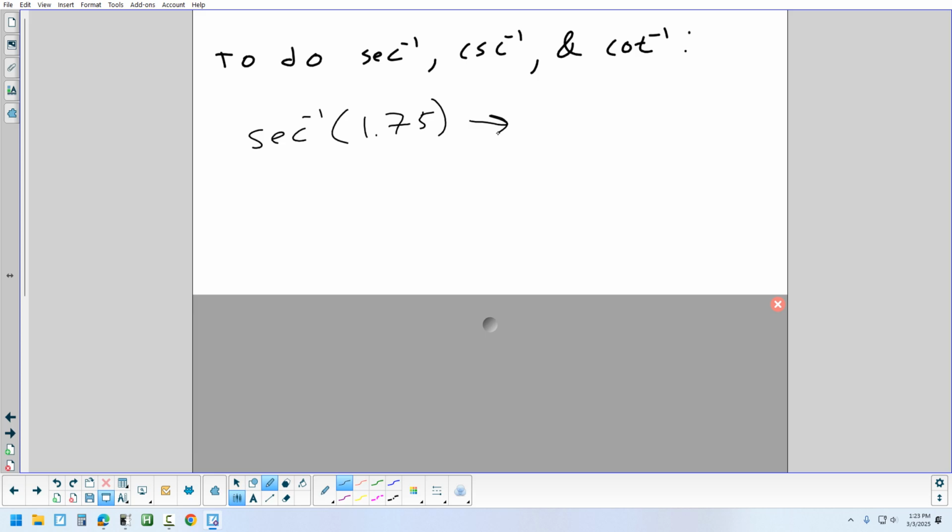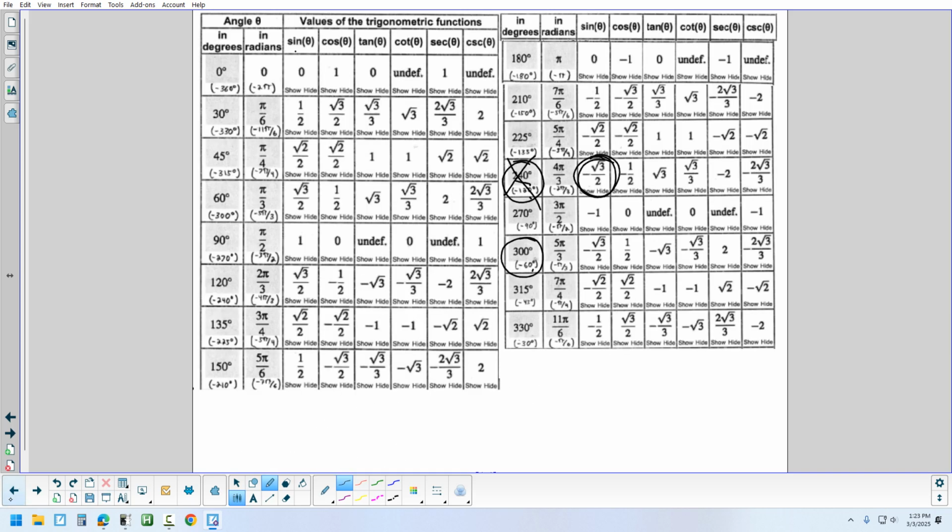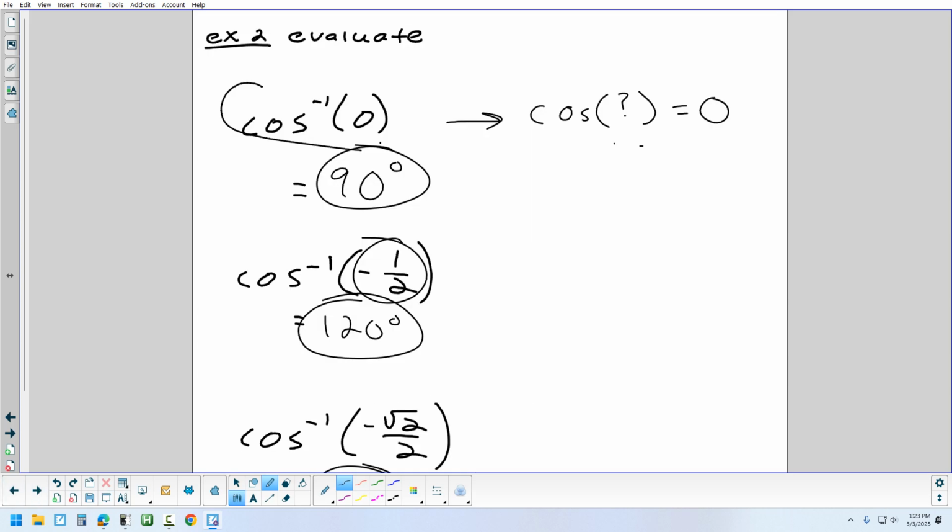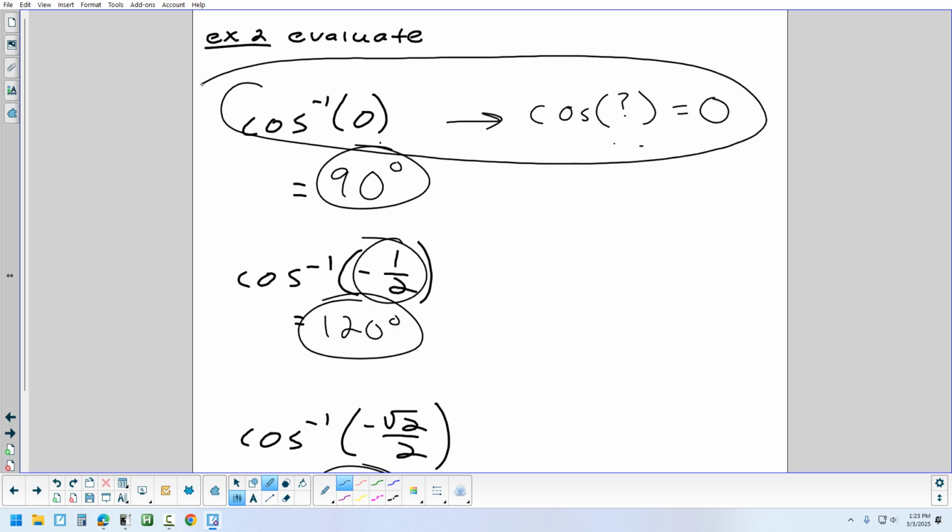So it means the what of what is going to come out to what? Think about when I did it right here. I told you those 2 questions mean exactly the same thing.